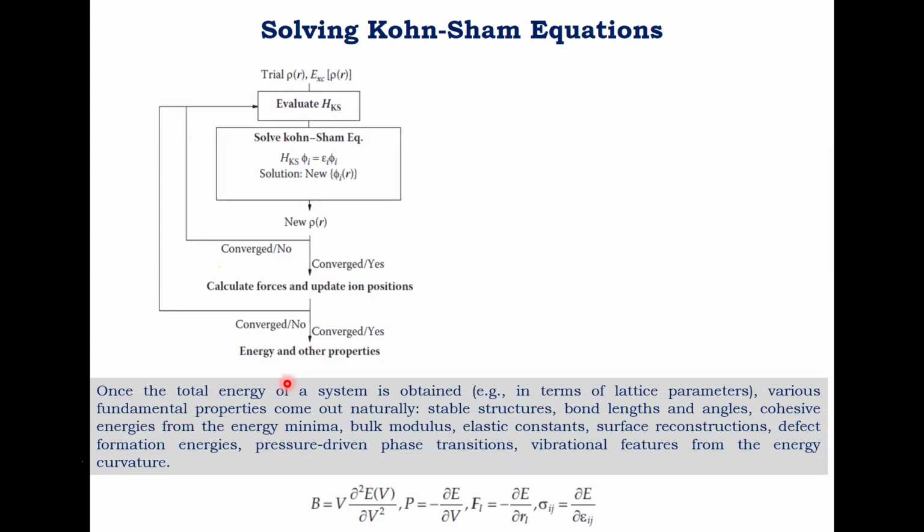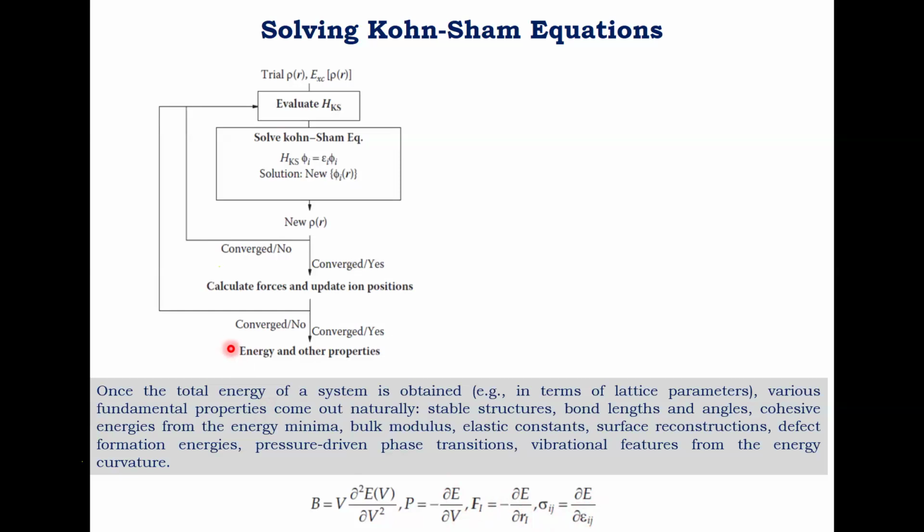For example, bulk modulus is the double derivative of energy with respect to volume. Pressure is the derivative of energy with respect to volume. Force is the derivative of energy with respect to position. And elastic constants are basically the change in energy with respect to strain. So once you obtain the converged total energy, automatically you can find various kinds of parameters.